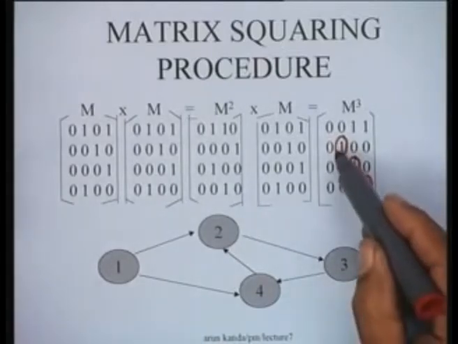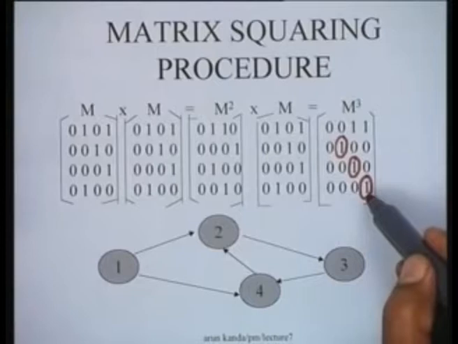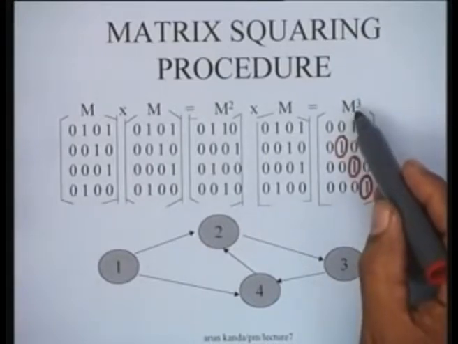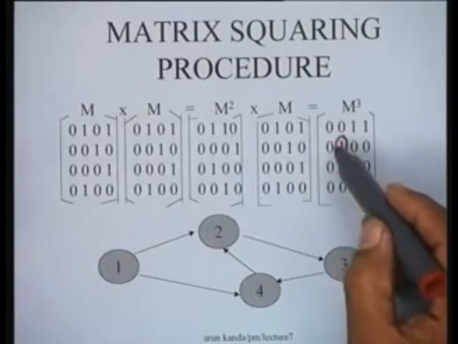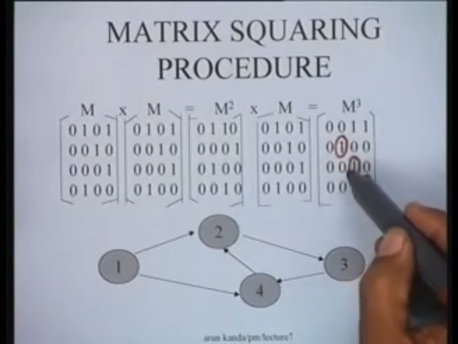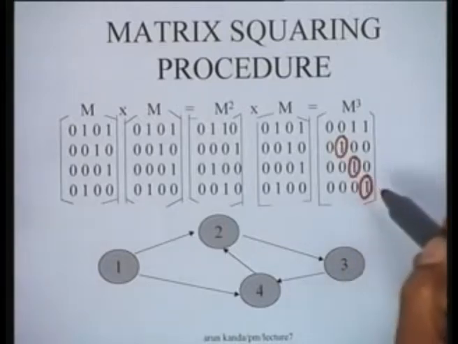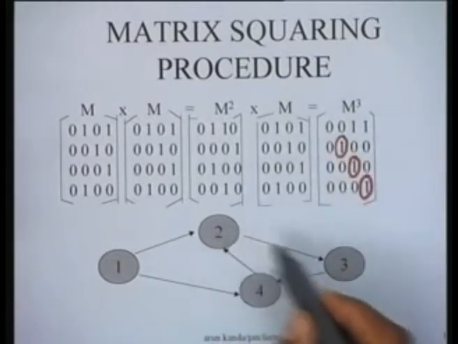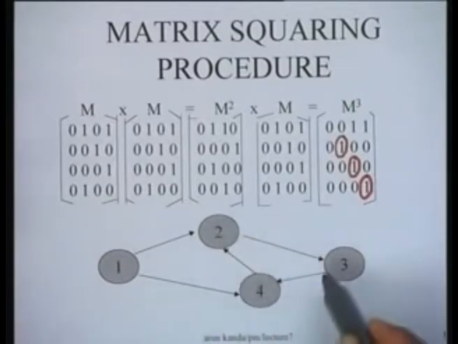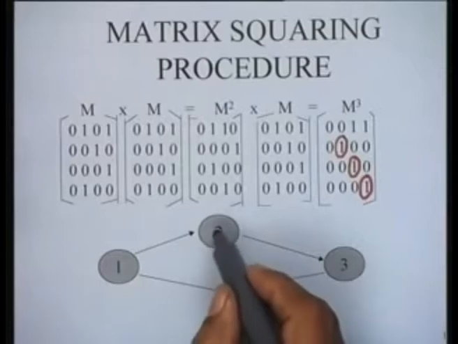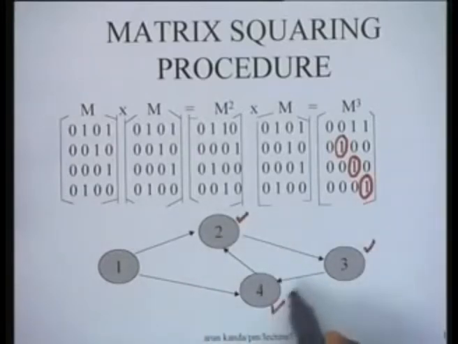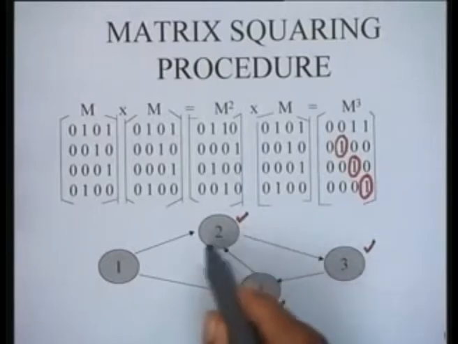You see, the appearance of a 1 in M cube shows that this is an inconsistent matrix, and in fact this identifies that the second, third and the fourth nodes are involved in the cycle in this particular path. So we have been able to identify the nodes which are involved in the cycle.